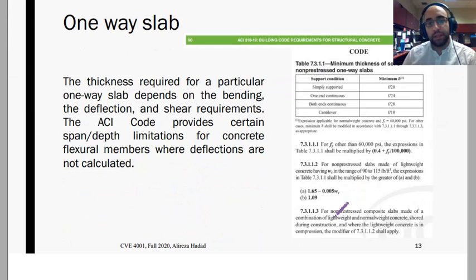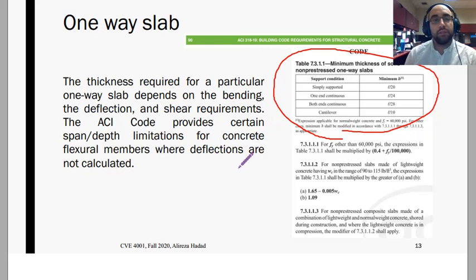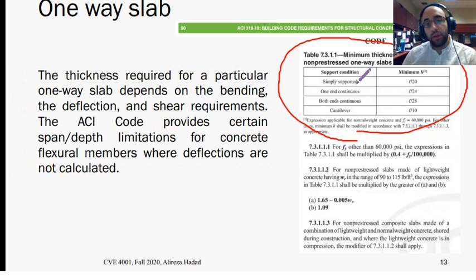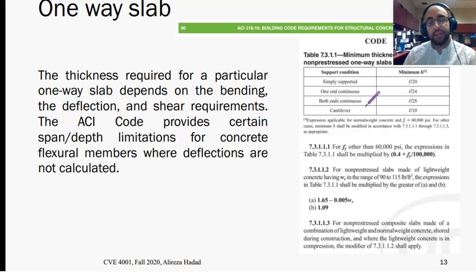And over here you can see in this part, in slide number 13, we said there is a table that tells us what is the suggested height or what is the minimum height for a slab when we want to design the slab, and also when we want to avoid any excessive deflection based on the situation that we have in the slab, whether it is both ends continuous or simply supported situation. It is suggesting us to use some value as the initial height of the slab.